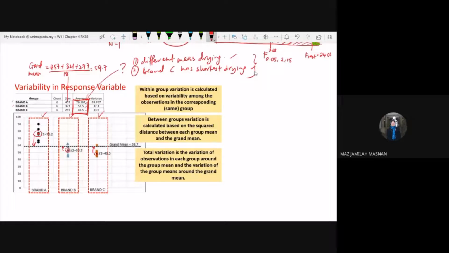From this particular graph, you can see that C may give the shortest drying time, but we cannot say so until we prove it using our hypothesis testing. So that is the whole thing about variation.